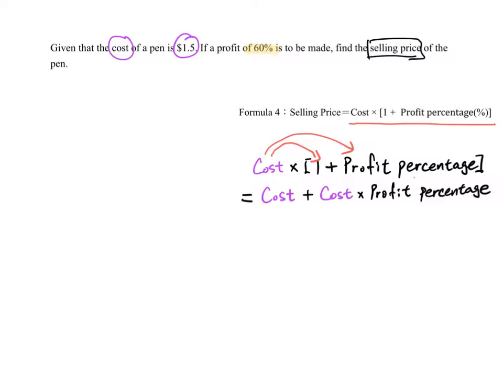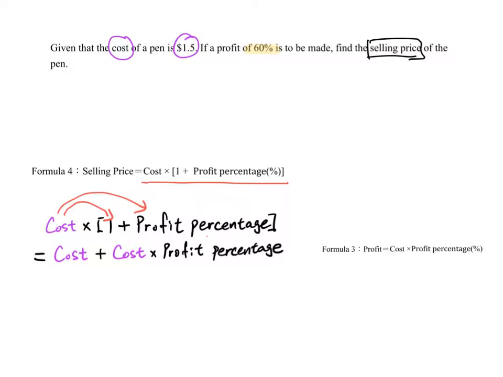And then by formula 3, we know that cost times profit percentage is equal to the profit. So we can get cost plus profit here.